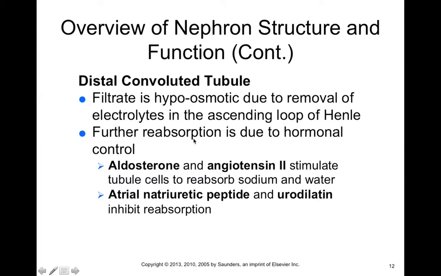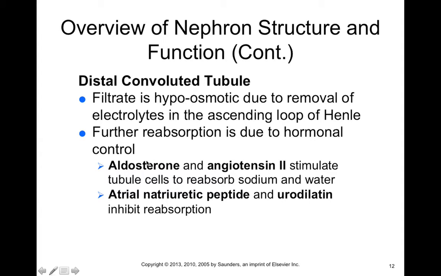And further reabsorption of things like water and solutes is mediated by hormones like aldosterone, angiotensin II, the natriuretic peptides, or urodilatin. And we know that aldosterone helps increase sodium reabsorption. This is one of those hormones that helps increase blood pressure, because it's released as part of the RAAS, or the renin-angiotensin-aldosterone system.